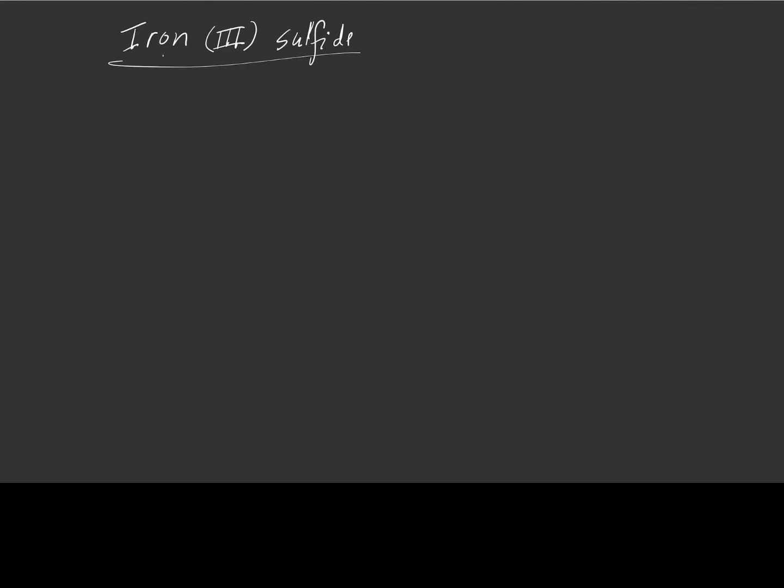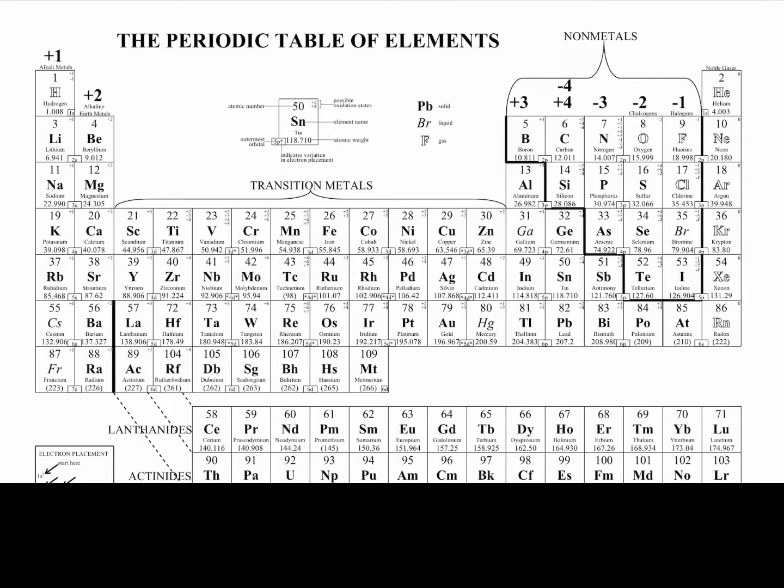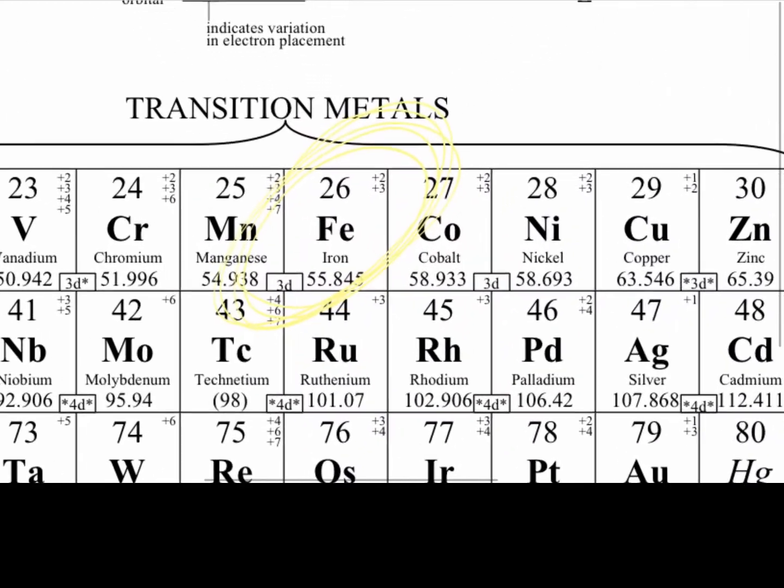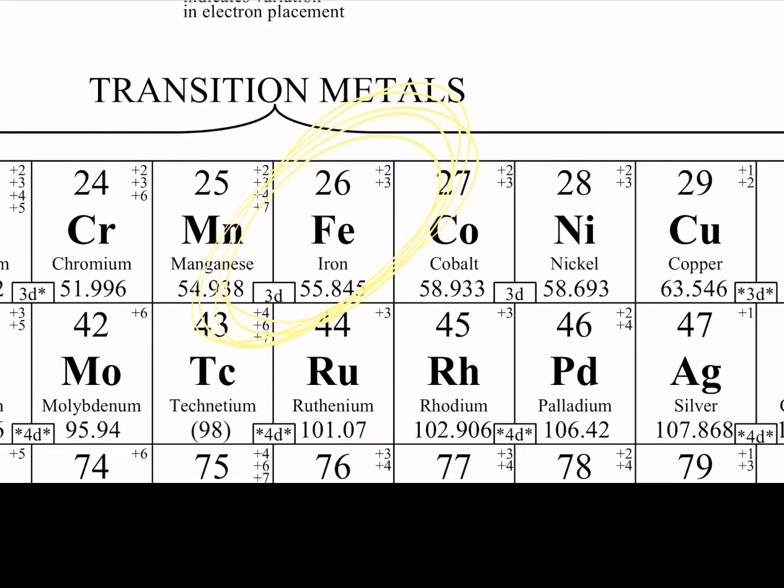Well, iron, that's the Fe. The Roman numeral lets us know that we're dealing with an iron that has a positive 3 charge. Whenever we see a name with a Roman numeral, remember, it lets us know we have a transition metal. If we go to the periodic table, we can see iron in the transition metal section, and if I zoom in, you can see that it has a positive 2 and a positive 3 oxidation state.